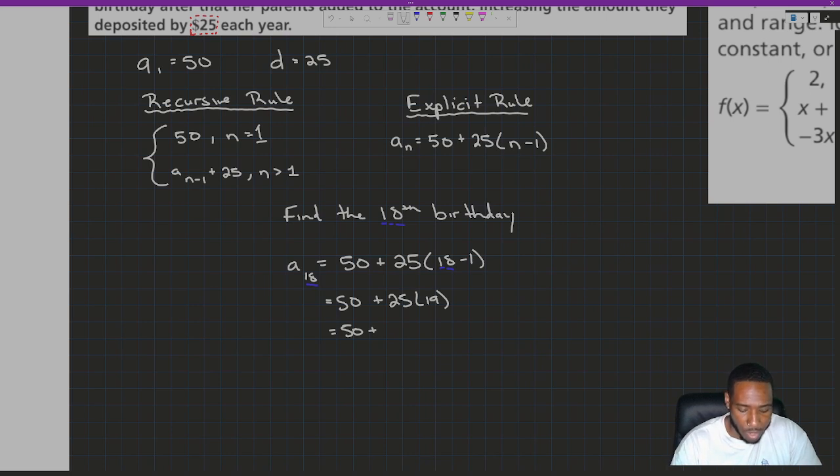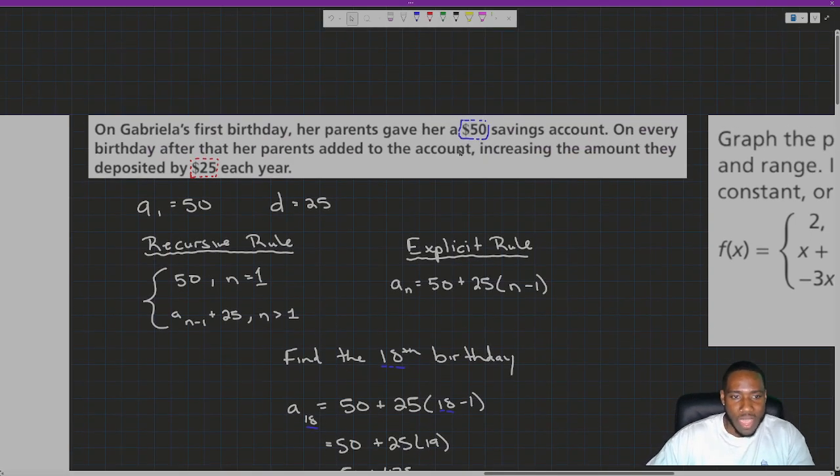Let me double check that real quick. Yep, looking right. So 475. And 50 plus 475 gets us 525. Okay, so that tells us that we're looking at $525 in her bank account on the 18th birthday.